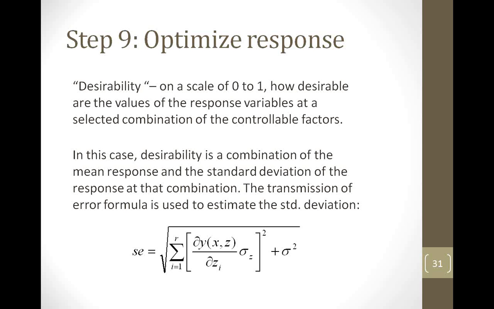Now, in this case, in a robust parameter design, we set up desirability so it's a combination of both the mean response and the standard deviation of the response. You define desirability for the mean, you define the desirability of the standard deviation.